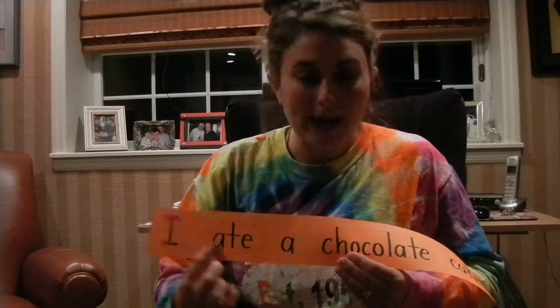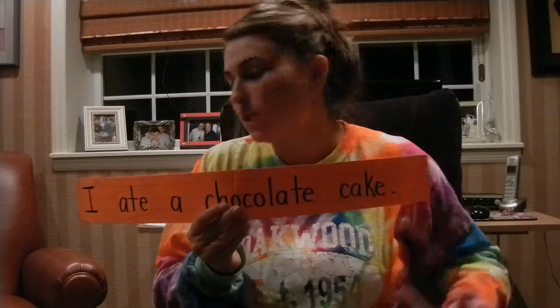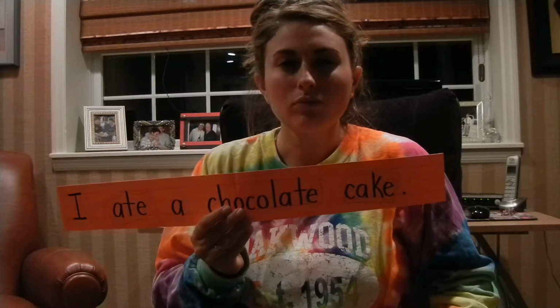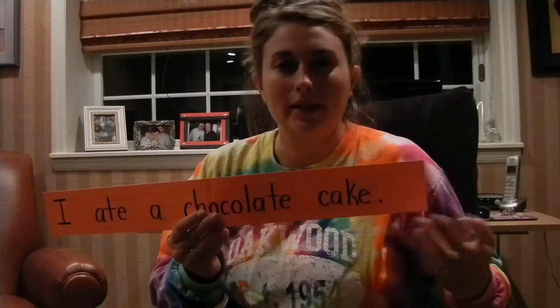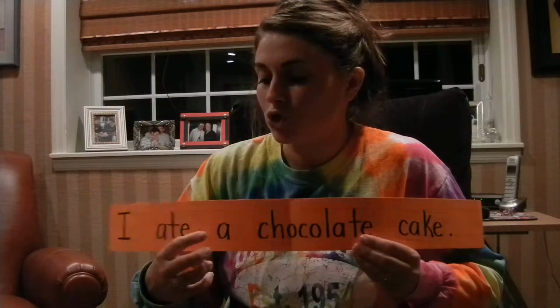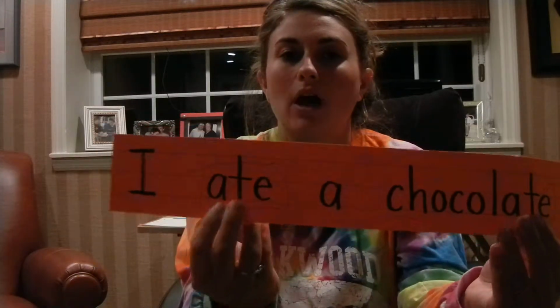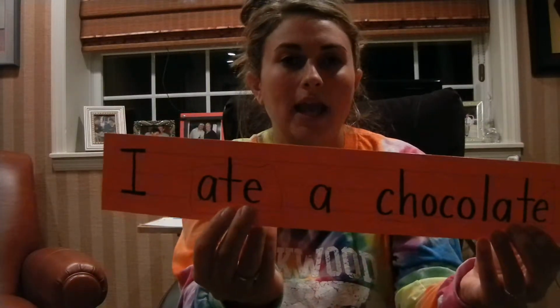I wrote it for him first because I thought it would be easier for him to be able to write it neatly, and that's also a modification in his IEP. So I wrote it for him on a sentence strip, and then I had him box the letters, or I should say the words that have silent E at the end.